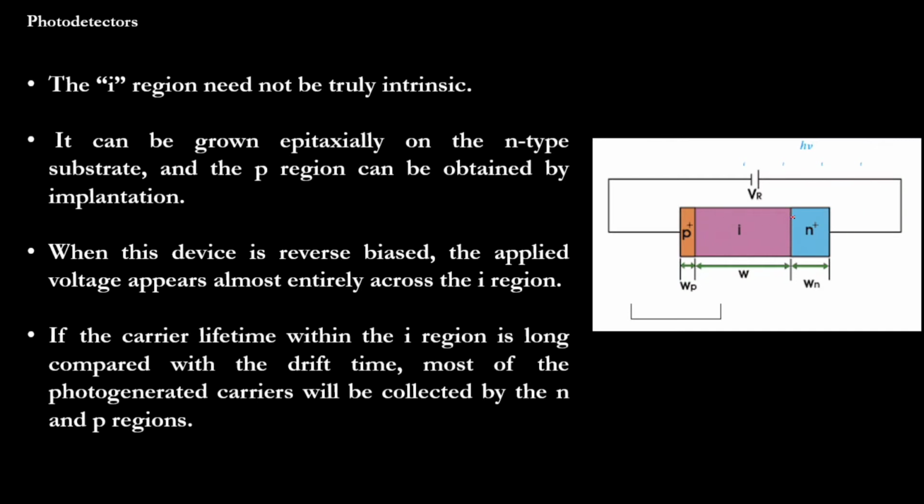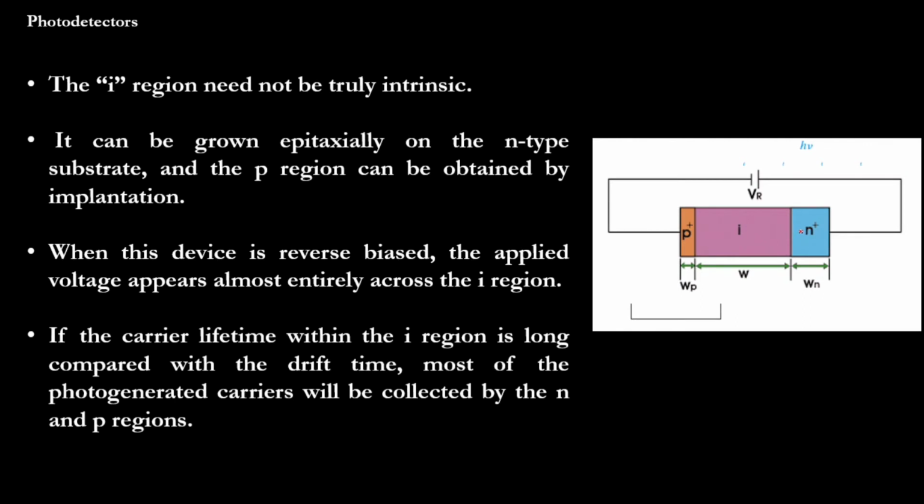Definitely this depletion region is going to encroach more into this lightly doped I region, and if I keep increasing this reverse bias voltage, this entire intrinsic region will be the depletion region of this PN junction, right?